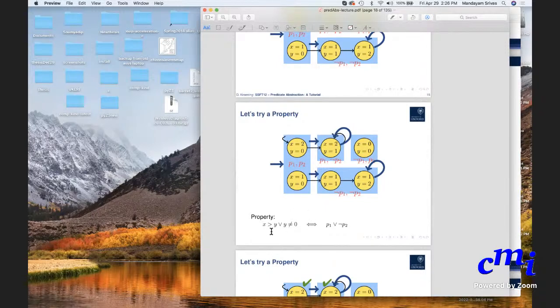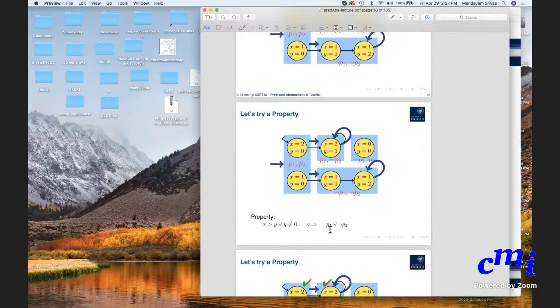Suppose you want to check if this is an invariant property, X greater than Y, or Y not equal to 0, which in terms of the predicates is P1 or not P2, okay? Kind of lucked out here because the property had a version directly in terms of your predicate, but nonetheless.